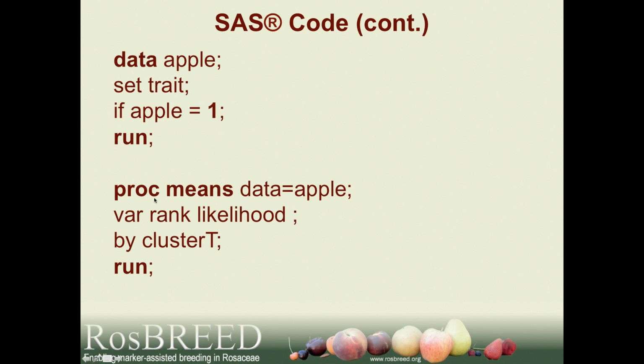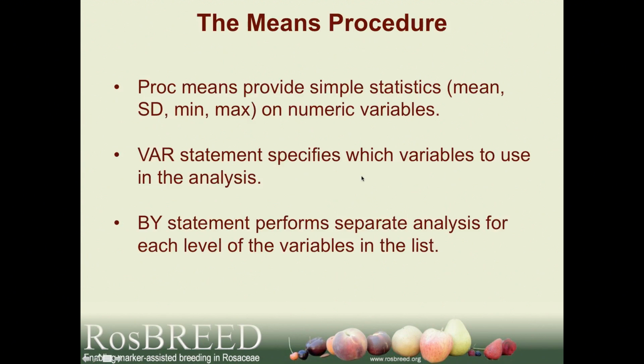Then we use proc means to get the summary of statistics. Usually it is good to see how the data looks like, what's the mean, what's the standard error, and some other simple statistics. So proc means can help us to do that.